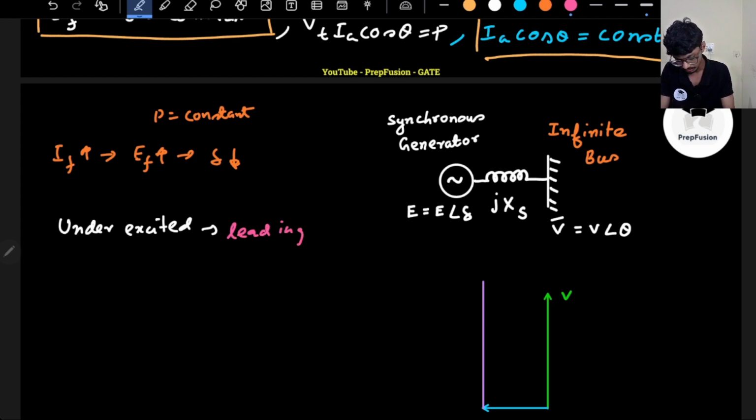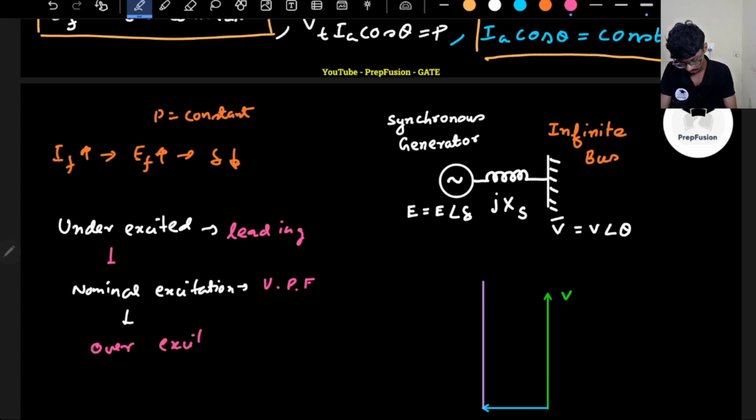Then I came to nominal excitation. In nominal excitation, the power factor of the load will be unity. And in overexcitation, it will be lagging, correct?